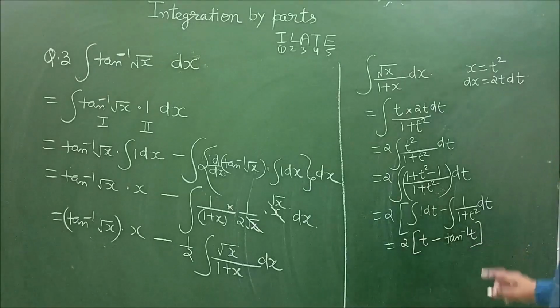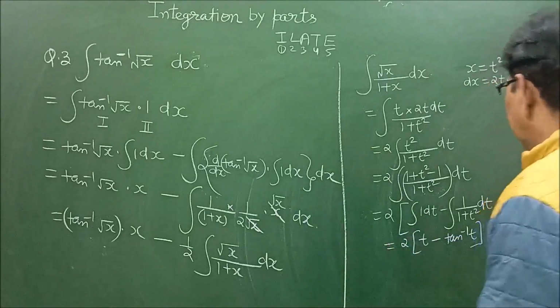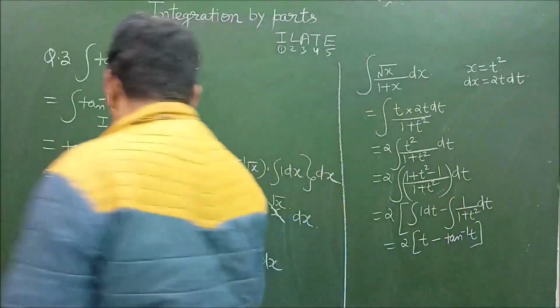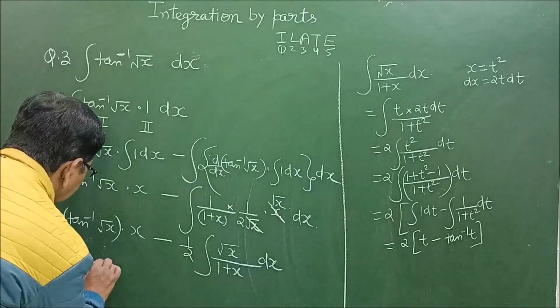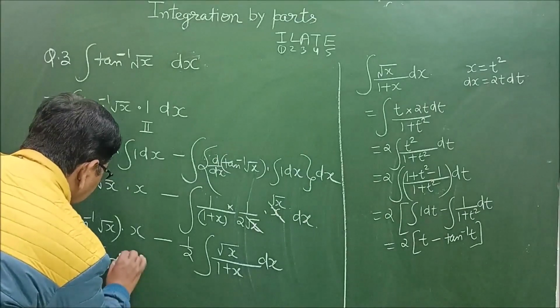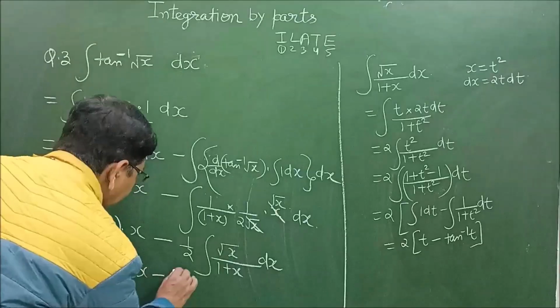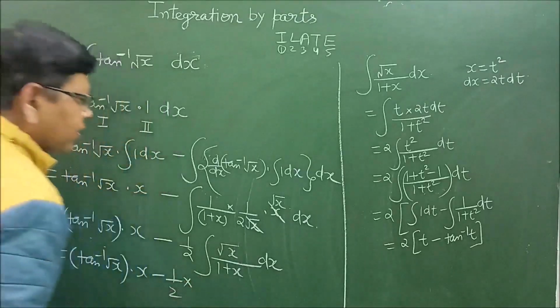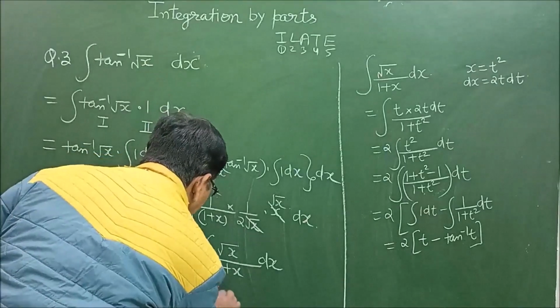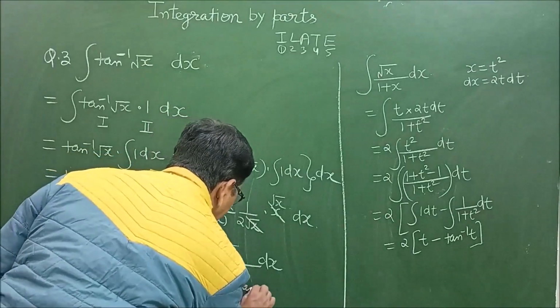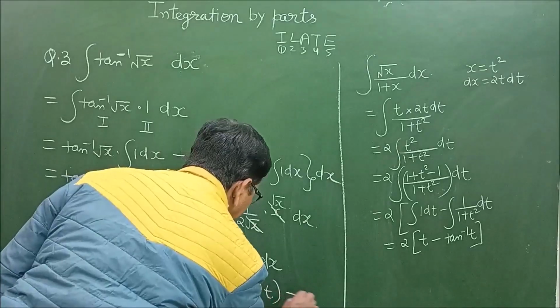So putting this value here, we can write the answer as tan inverse root x into x minus half into the integral of this function, which is 2 into t minus tan inverse t, and plus c.